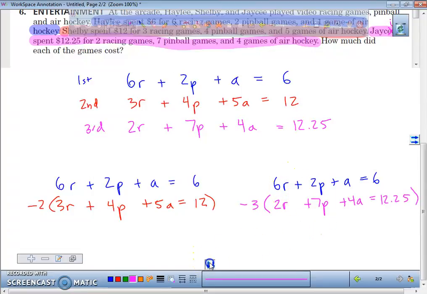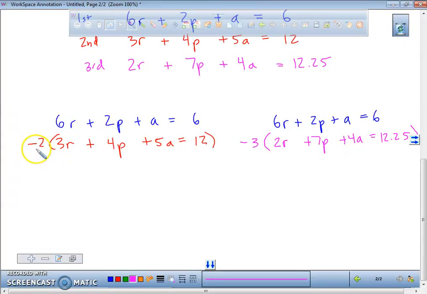So right now, what I want everybody to do is to distribute negative 2 throughout the entire equation here, and distribute negative 3 throughout the entire equation here. I'll do it right now. Ready? Right here, right here, right here, and all the way over there. I will explain after we do it, and hopefully you will see why we did it.